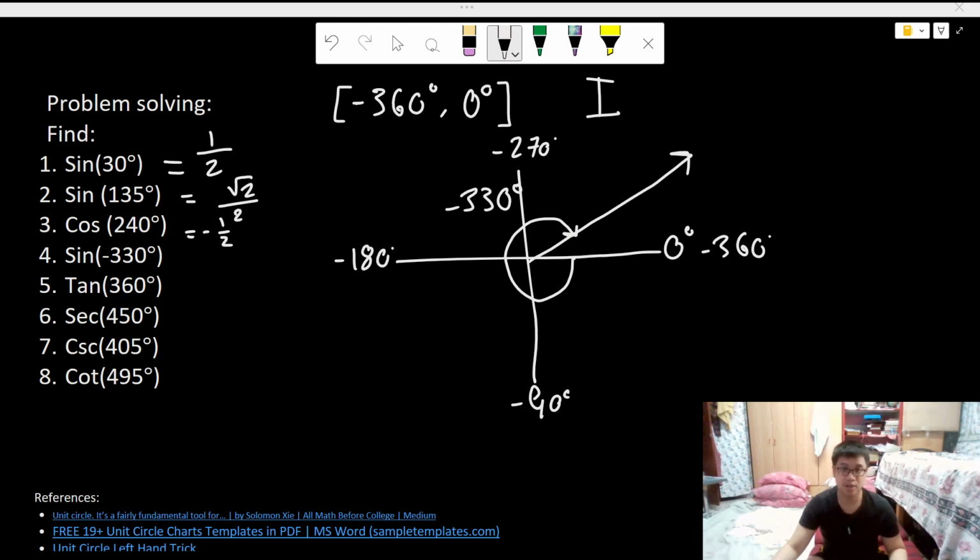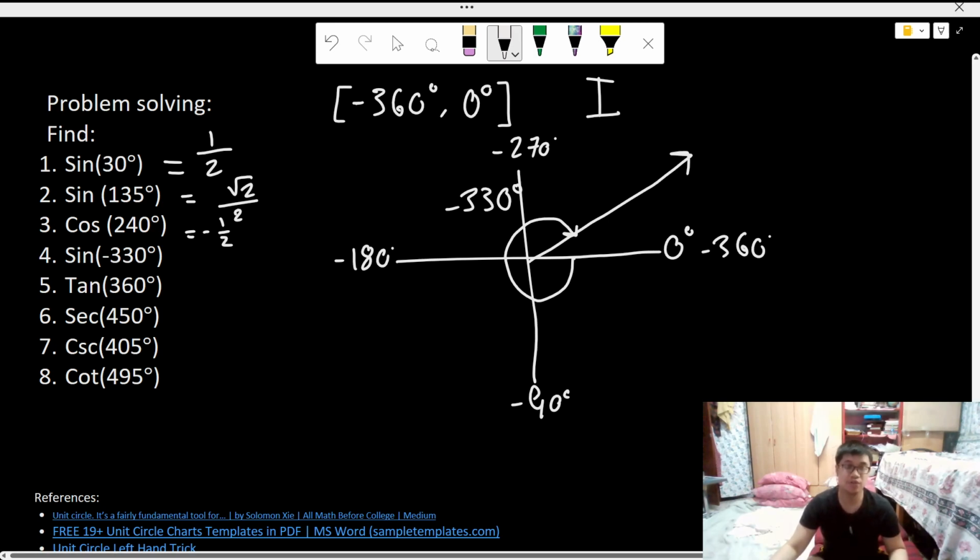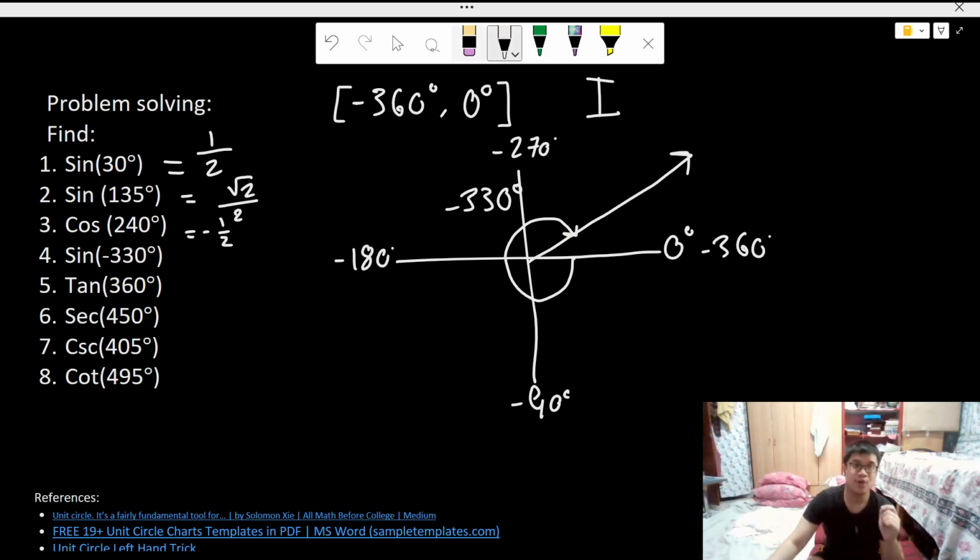So this is negative 330 degrees. What you're going to do here is find the reference angle. So how? If your angle is negative and it's located on the first quadrant, then what you're going to do is add 360 degrees to that given angle.